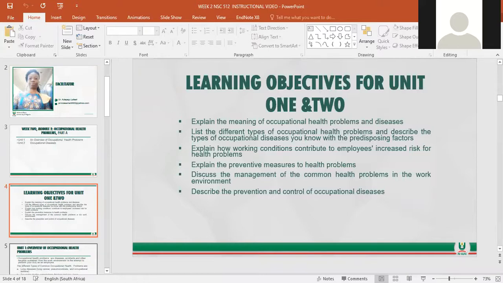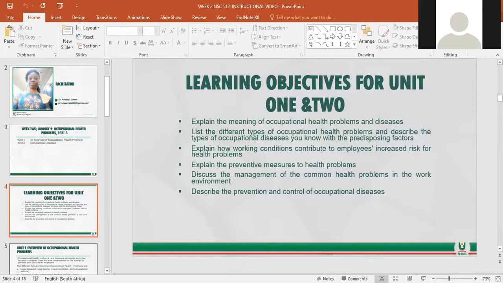And in this module, at the end of today's facilitation, learners are expected to be able to understand the meaning of occupational health problems and diseases. In addition, learners are also expected to be able to differentiate the different types of occupational health problems and describe the types of occupational diseases.